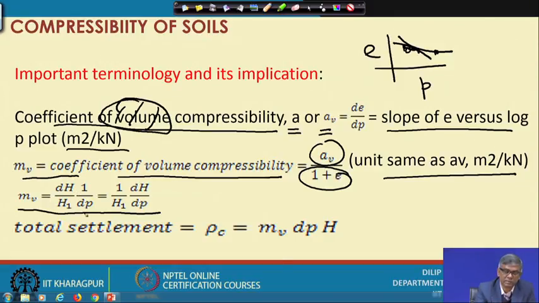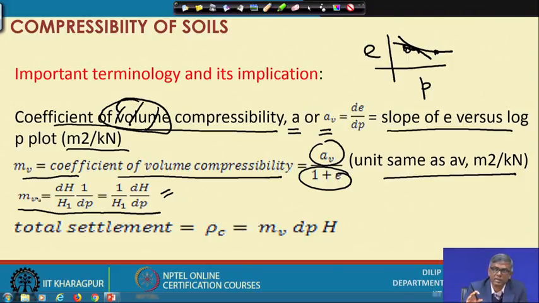From that definition, where H1 is the original thickness and dp is the pressure change, if I simplify, it becomes 1 by H1 dH by dp. So, this is another way of defining mv, the volume compressibility.